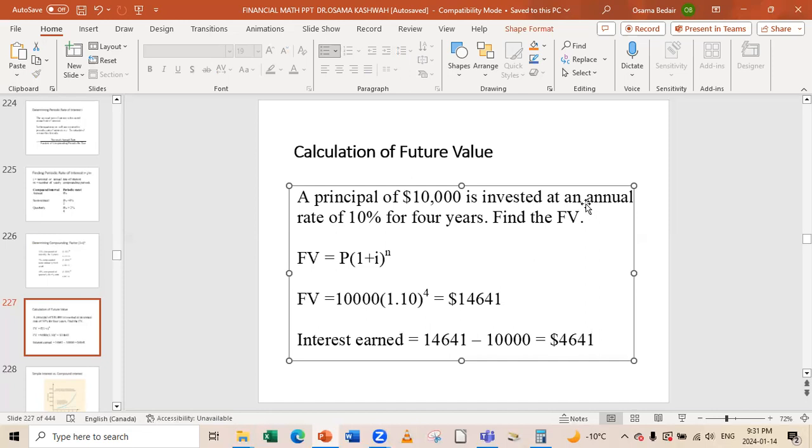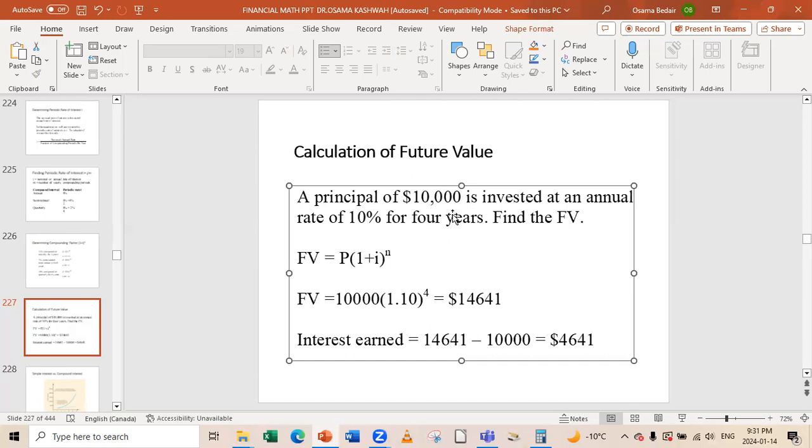But this annual rate is compound, since we are working in compound interest, for 4 years. Find the future value. This is the sum of one amount only, not annuities. One amount, which was 10,000, was deposited at the start of the period.